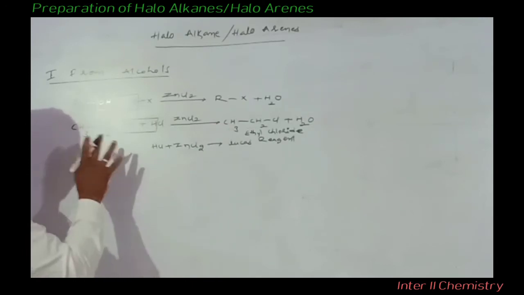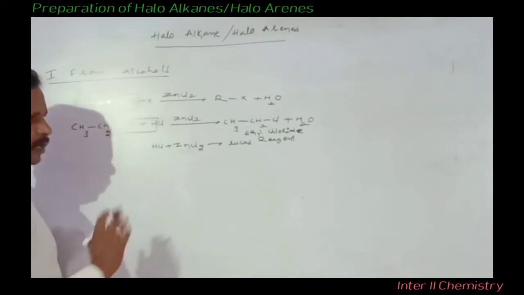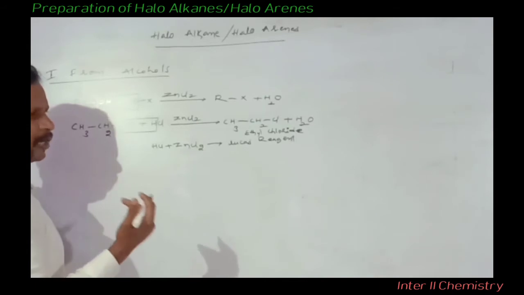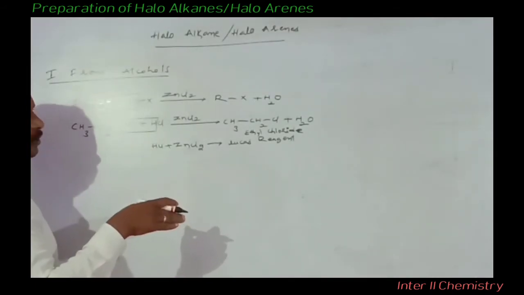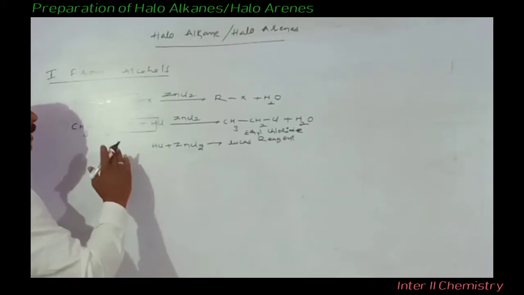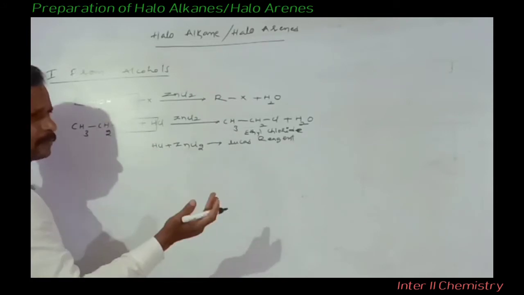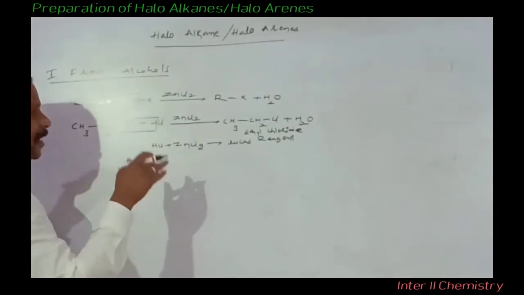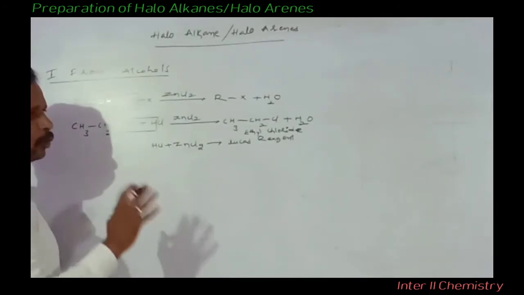But in alcohols there are three types: primary alcohol, secondary alcohol, and tertiary alcohol. The tertiary alcohol reacts with Lucas reagent very fast, then the secondary alcohol. The reaction of Lucas reagent with the primary alcohol is very slow.